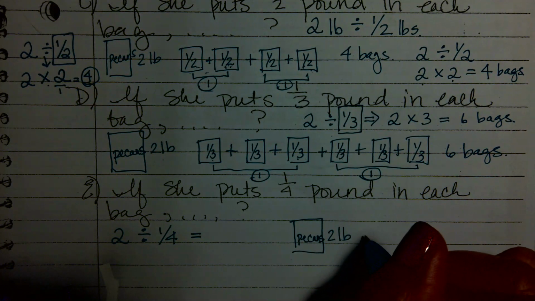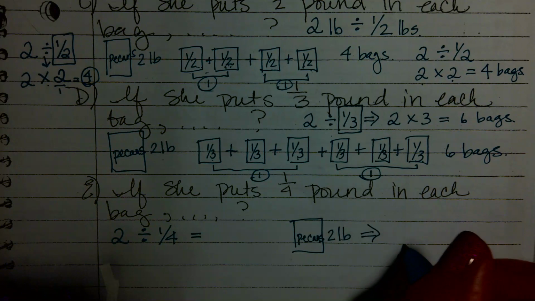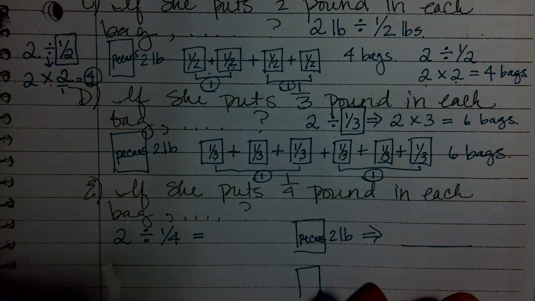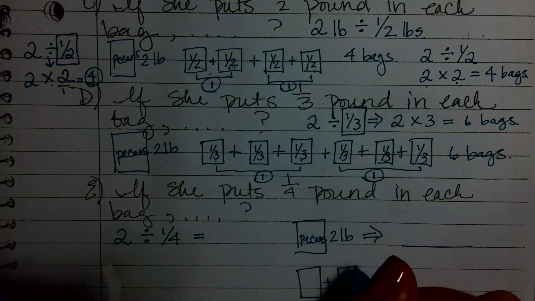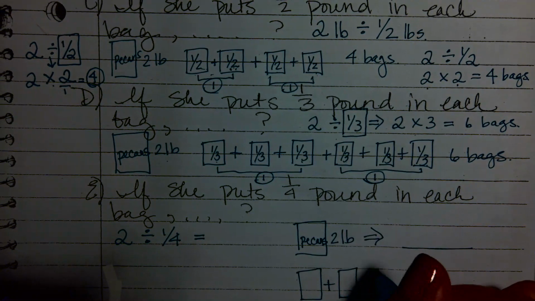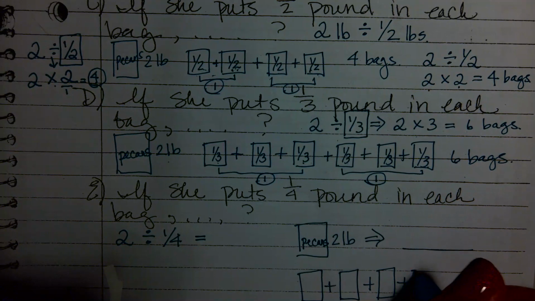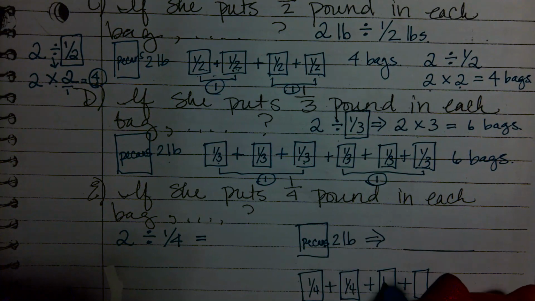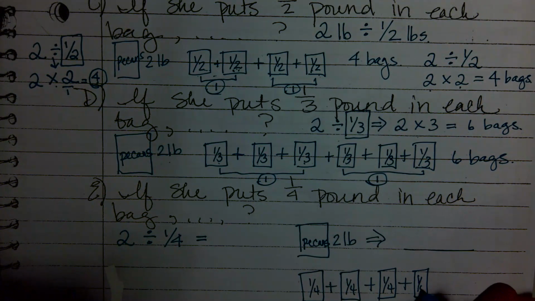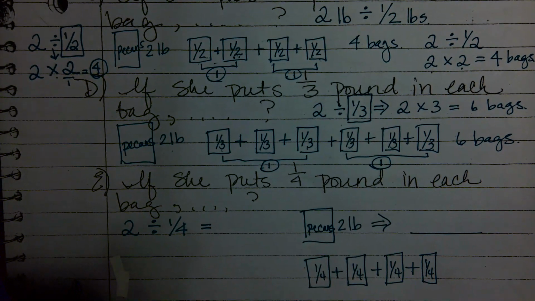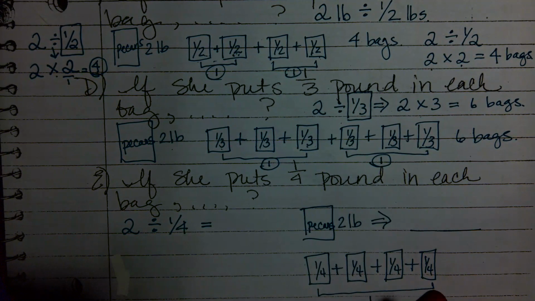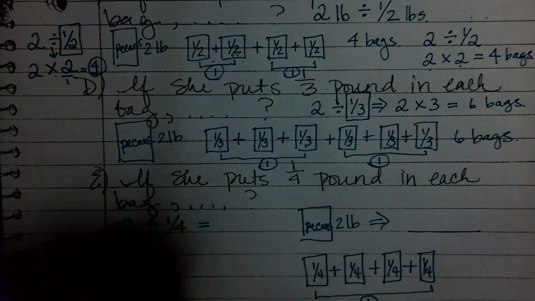And now we want to know how many bags she can make if she's putting them into fourths. Well, how many fourths are in one whole? 1/4, 1/4, 1/4, 1/4, right? How many fourths does it take to make one whole? 4, right?